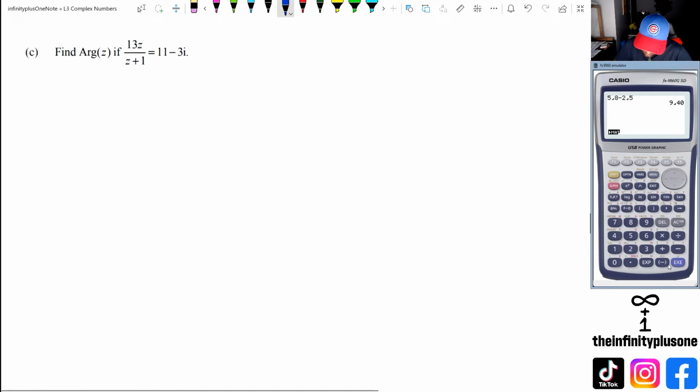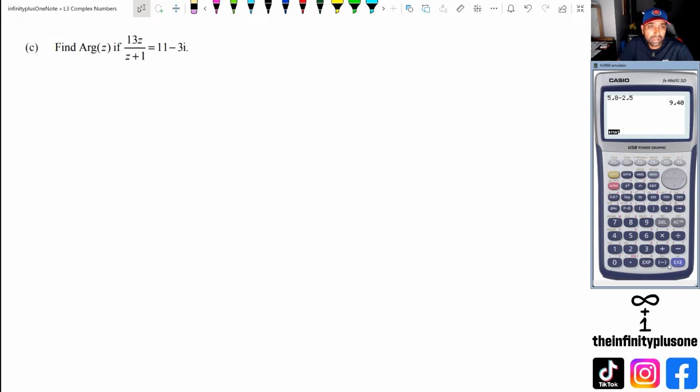All right, so next question, we're looking for the argument of z if 13z over z plus 1 is 11 minus 3i. So what we're going to do is a couple of things here. I guess what we want to try and do is isolate z by itself, and I think if we isolate z by itself, then we should be able to work out the argument.